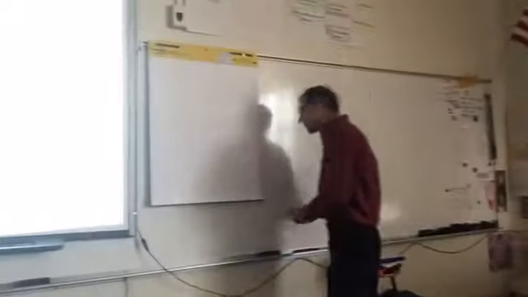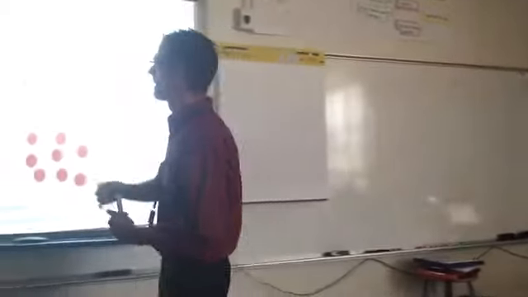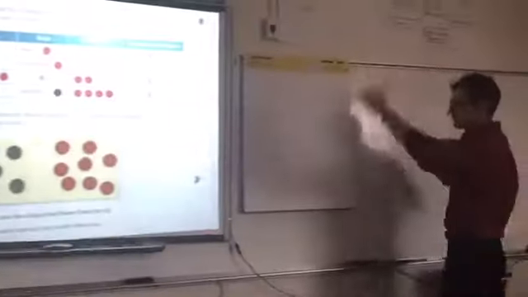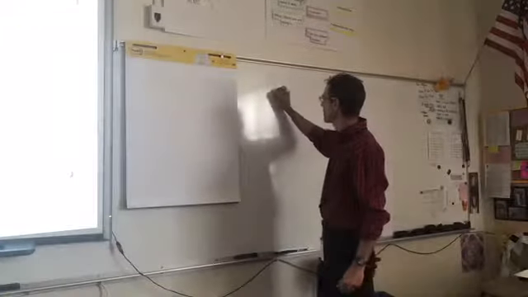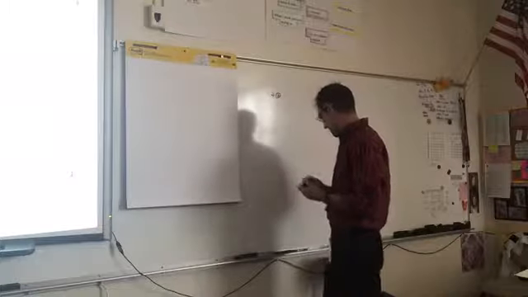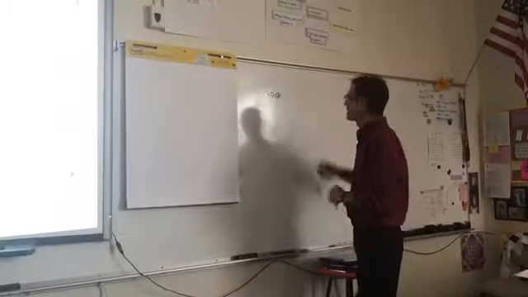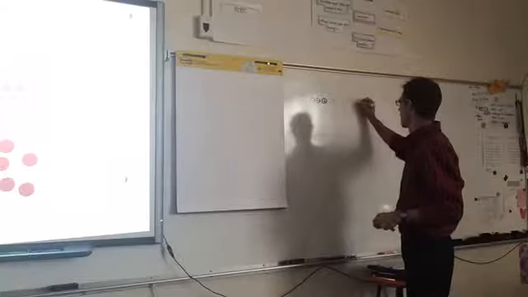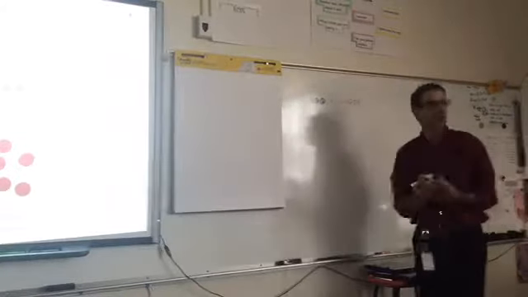So I'm going to show you 49. Now I'm going to do it over here because my ink's not working. So I have 3 positives because black is positive. And then it says add 5 negatives. Well, I know something about opposites.